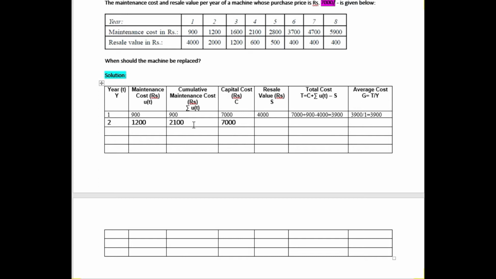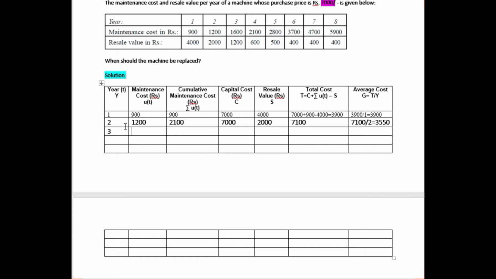In the second year, the scrap value will be 2,000, and the total cost will be 7,100, and the average cost will be 7,100 divided by 2, equal to 3,550.